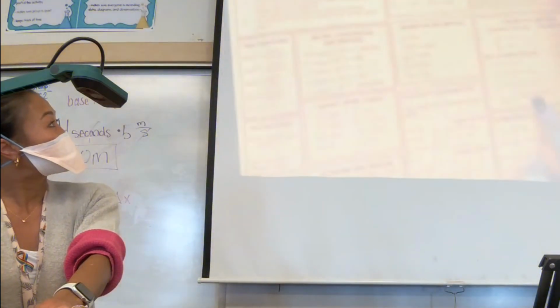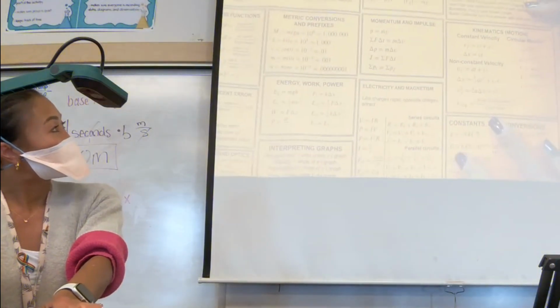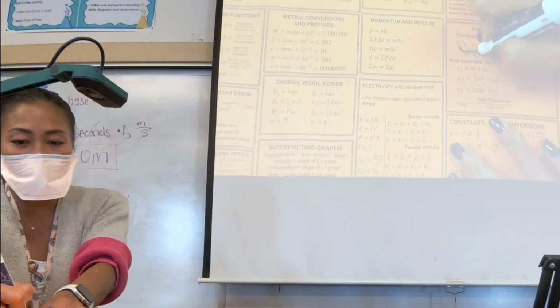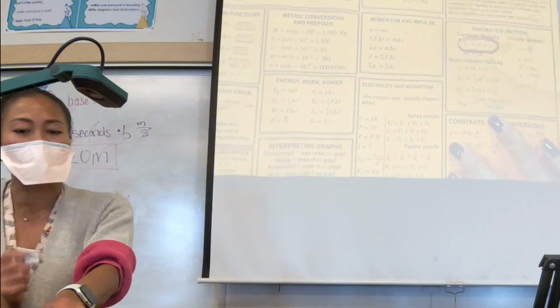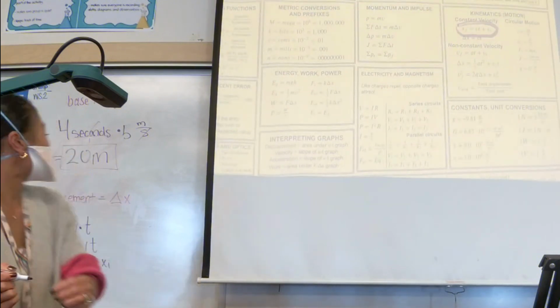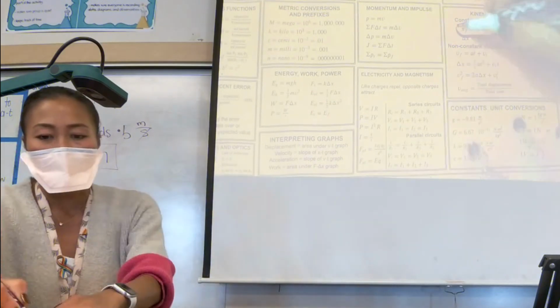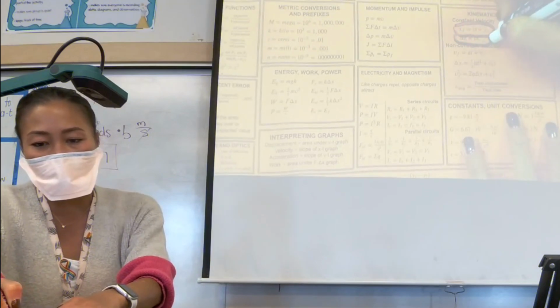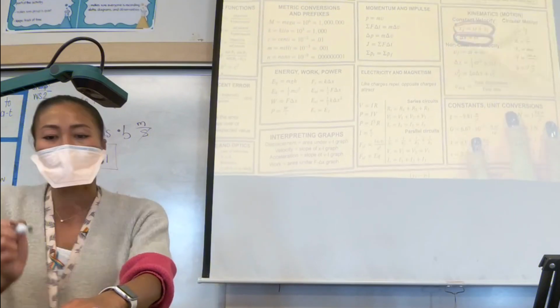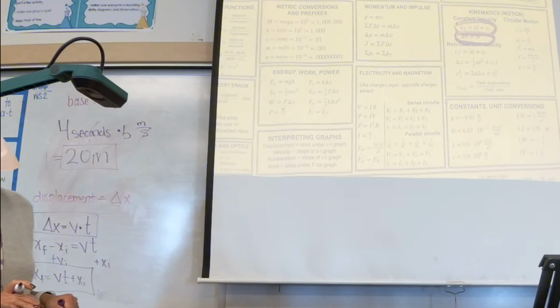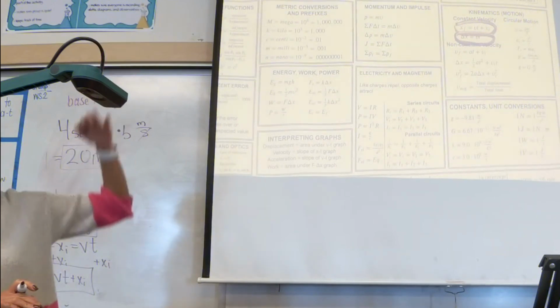When my light turns on, it is right here. So x final equals velocity times time plus x initial. This change in position that we started off with is also in your physics helper. Change in position equals velocity times time. So we came up with those two equations just by taking the area under the curve.